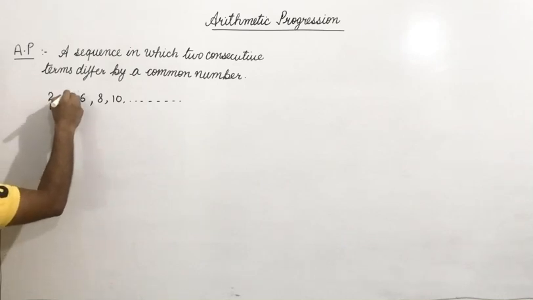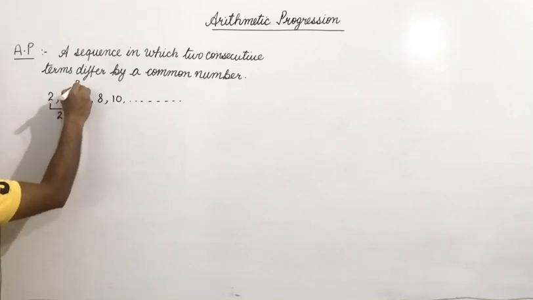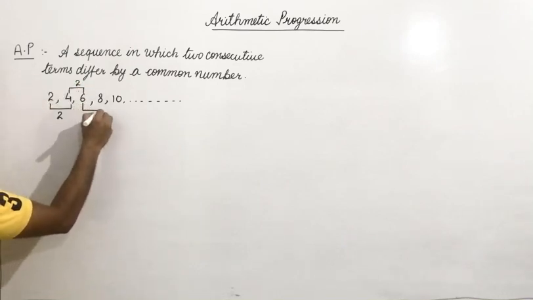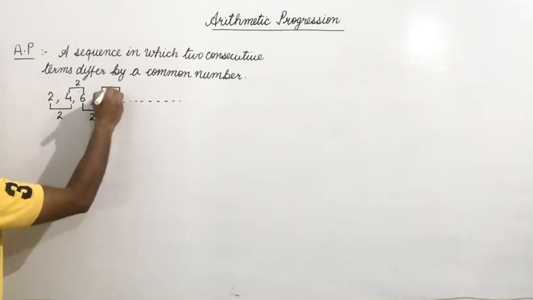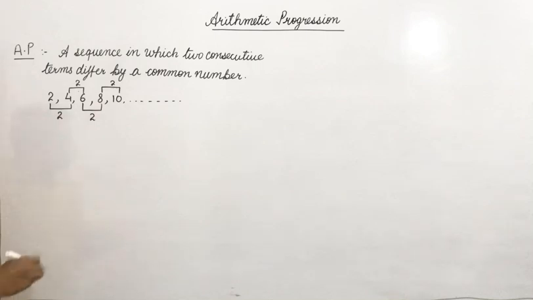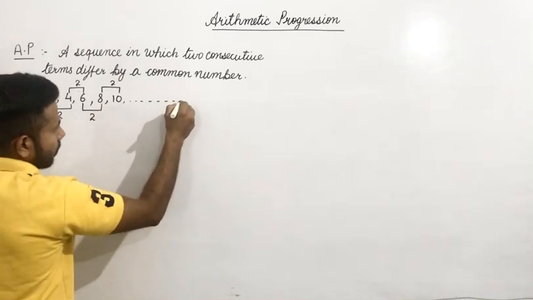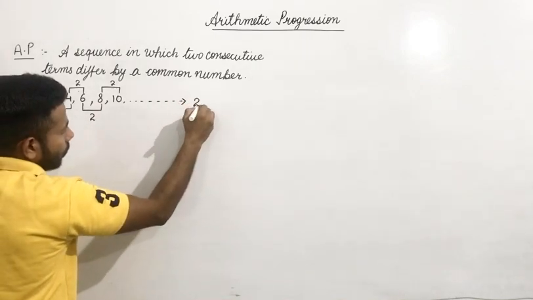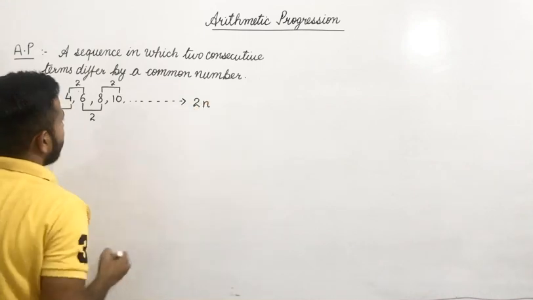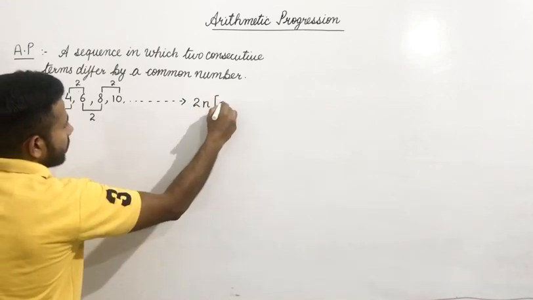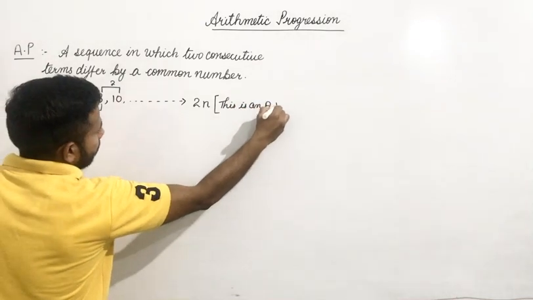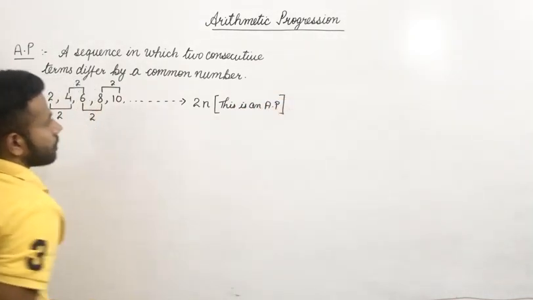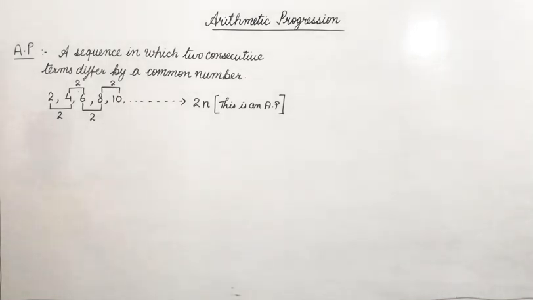Between the next two, it is also 2, and again 2. So the sequence is 2n, and this is an AP.